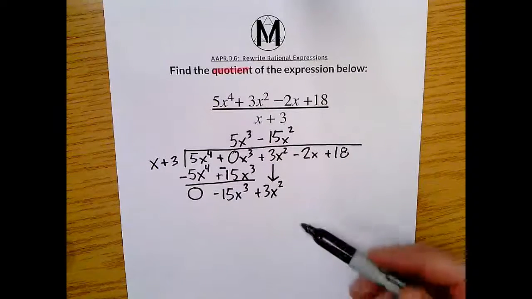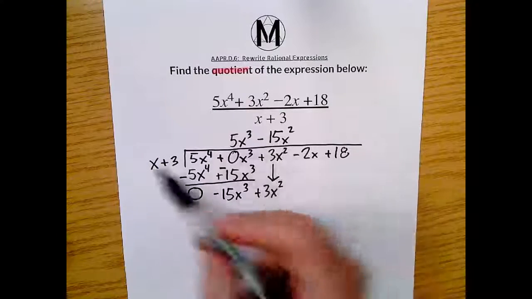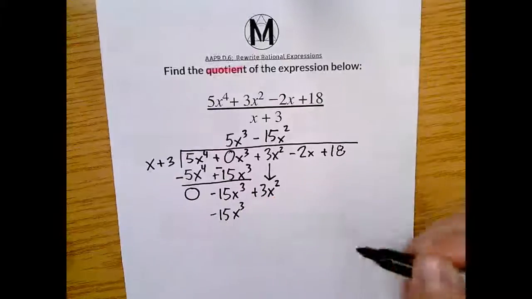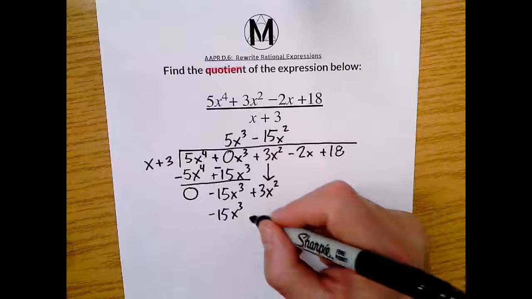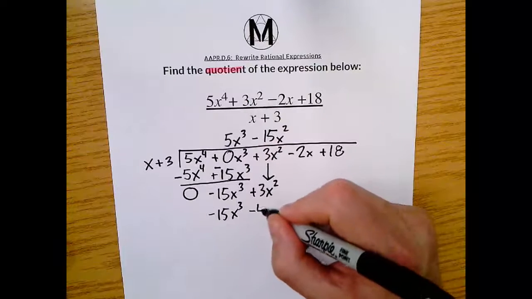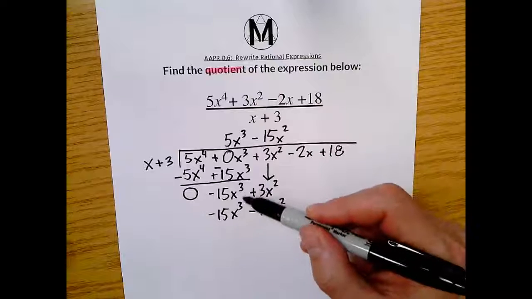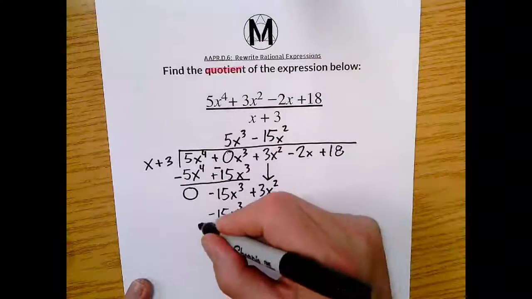So the next step is to distribute or multiply down. So I say, all right, negative 15x squared times x gives me negative 15x to the third power. And negative 15x squared times 3 gives me a negative 45x squared. And you can see here, again, my degrees are lined up, so I know I'm on the right track. Things are going good. Okay, so now we subtract.